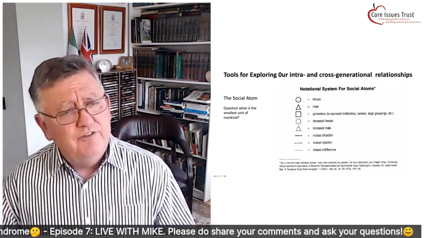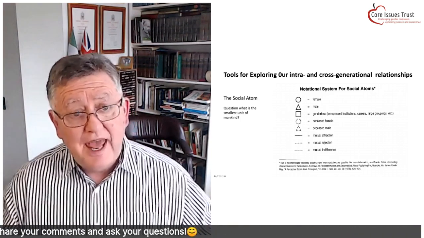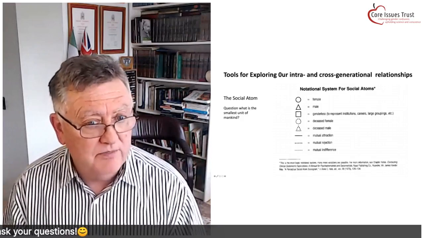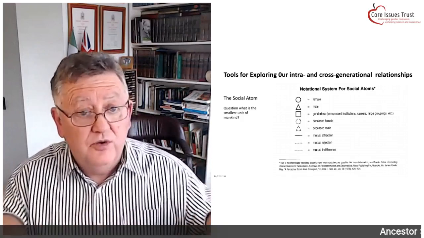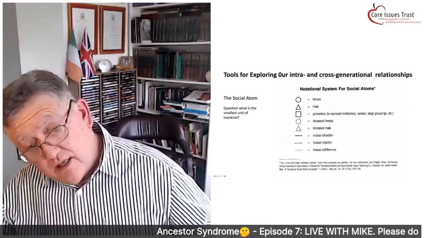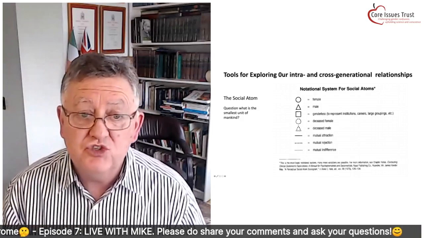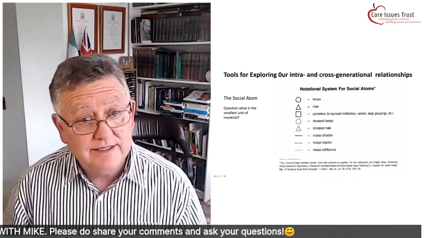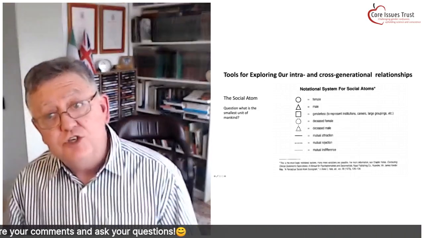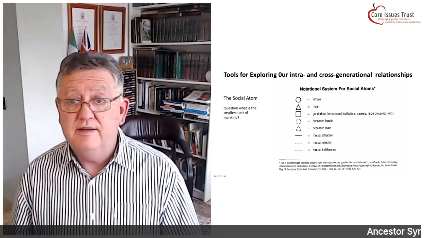So if you're vaguely interested in doing this work yourself, get an A3 piece of paper, that's two A4 pieces, join them together so that you've got a big canvas, so to speak, and then I suggest you start building your social atom.